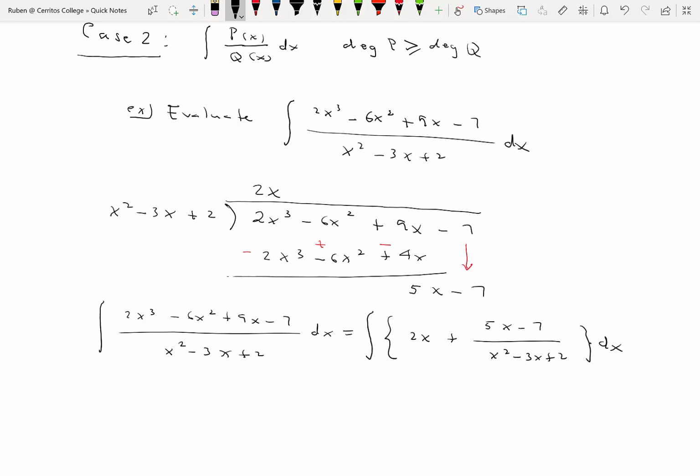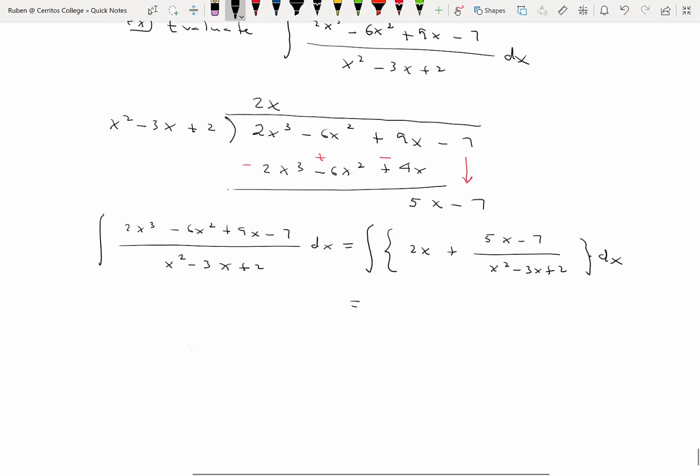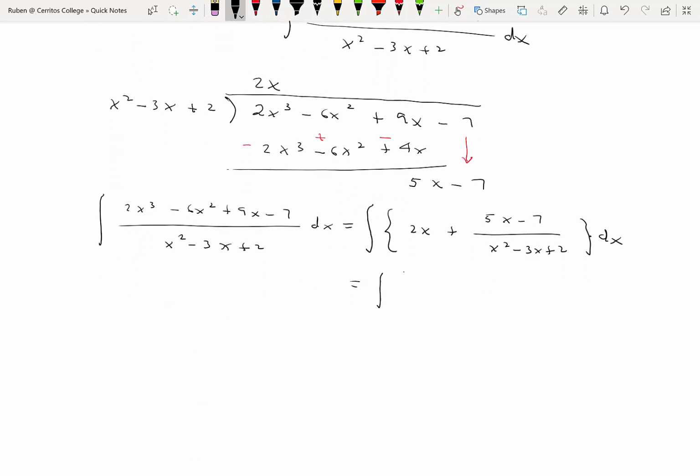Now, that second integral of 5x minus 7 over x squared minus 3x plus 2 should look familiar. That second integral is one that we worked out earlier. It's 5x minus 7 over x minus 1 times x minus 2. We did the work on this earlier.